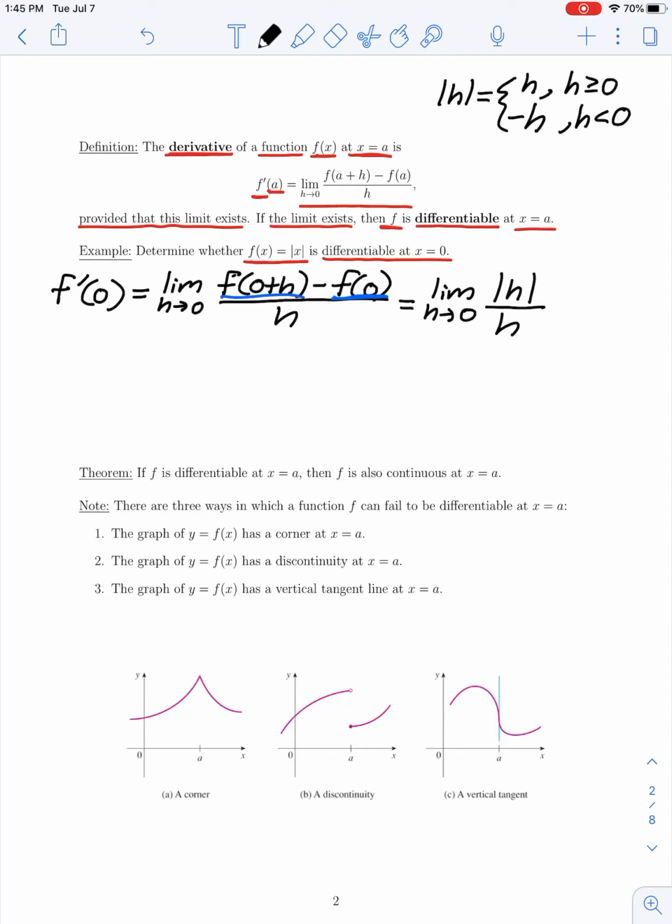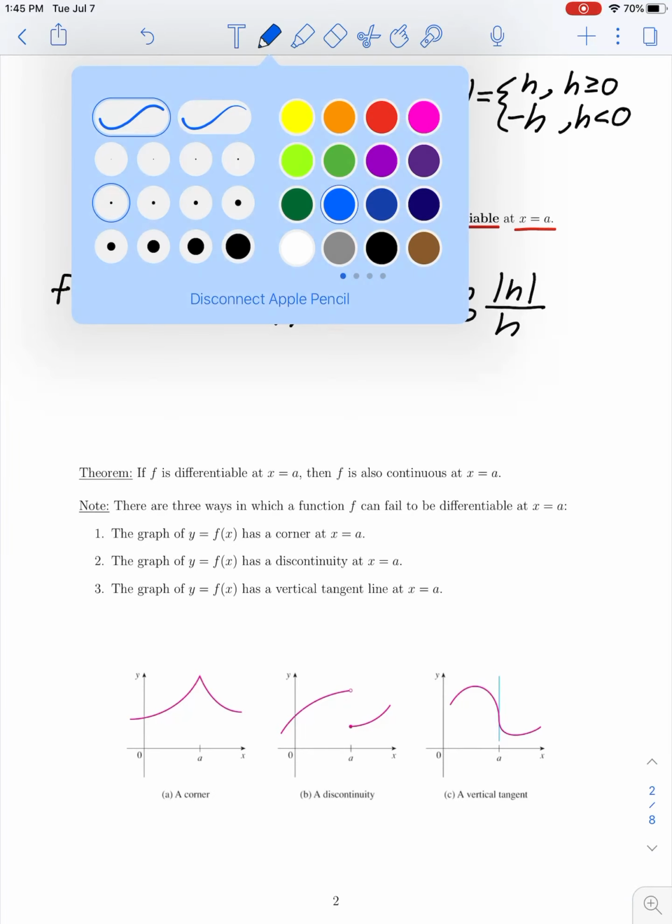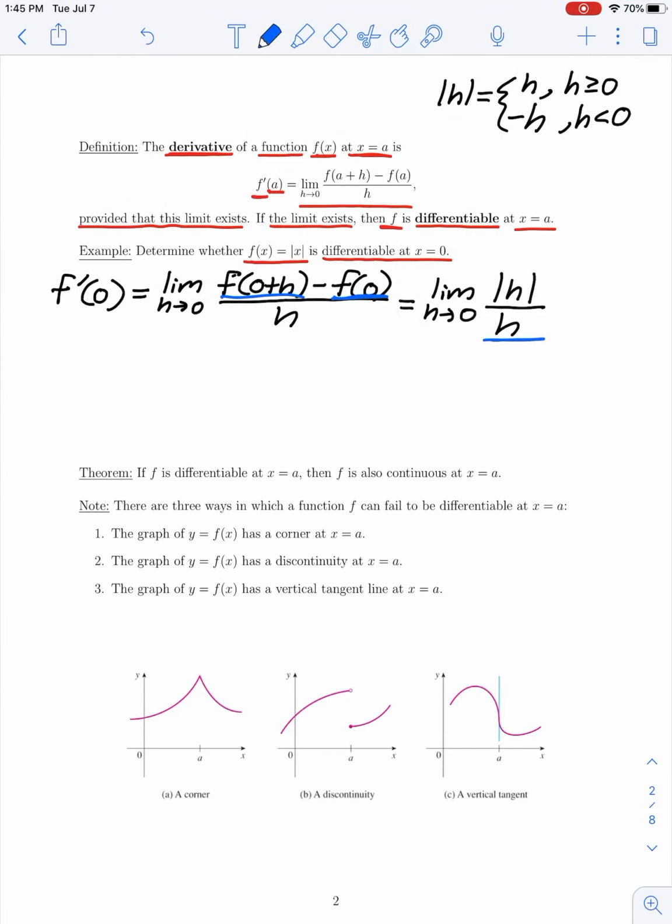So the function that we're looking at here, the absolute value of h divided by h, well, if we take this definition for the absolute value of h that we were just looking at, and we divide through each part of our definition by h, we would have the absolute value of h divided by h being defined as 1 or negative 1 if h is non-negative or if h is negative.